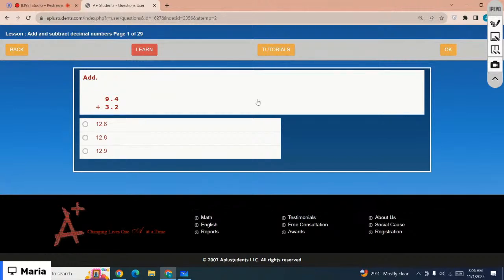The correct option is 12.6. The correct option is 12.6. Option number 1 is the correct option.